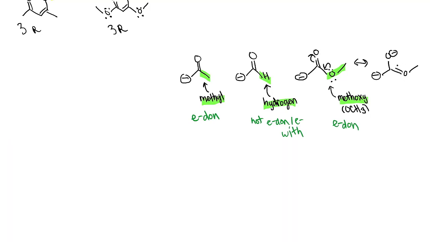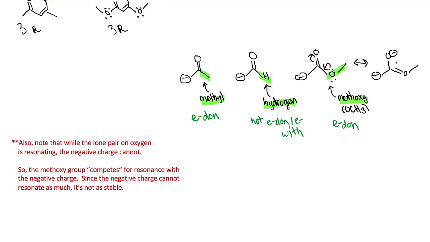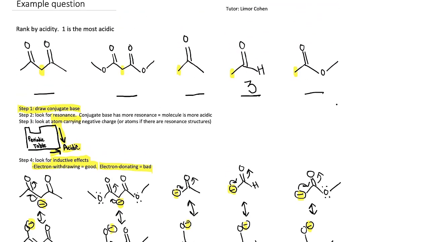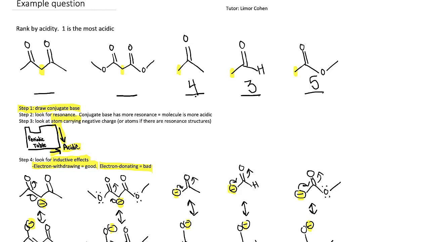So resonance is pushing electrons closer towards this negative charge. This is destabilizing our negative charge because it's making that negative charge more concentrated. So since the methoxy group is a lot more electron donating than the methyl, which does not have a lone pair that can resonate, I'm going to say that this is going to be a less stable conjugate base, therefore a worse acid. So I'm going to say this is number 5, and this is number 4.